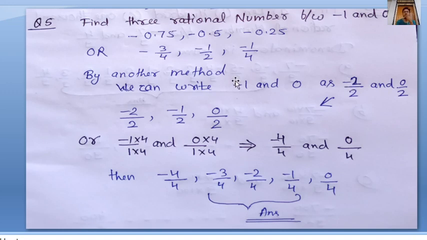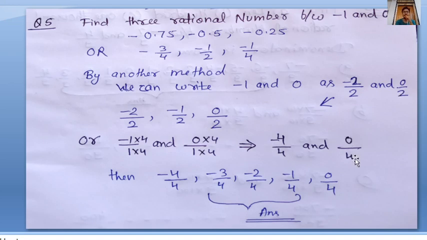So now you can multiply by 2 again, numerator and denominator both. Because you can multiply numerator and denominator by the same number at any time. We will get minus 4 upon 4 and 0 upon 4.